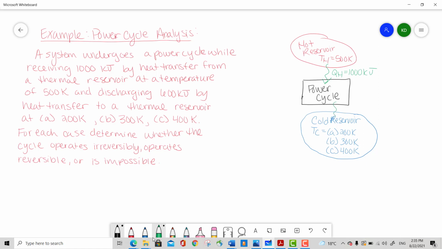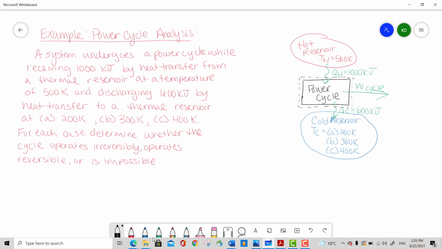And then we have a heat transfer cold, which is 600 kilojoules. And then, because of this flow, we know that we have work coming out in a work cycle. And then here is our boundary.